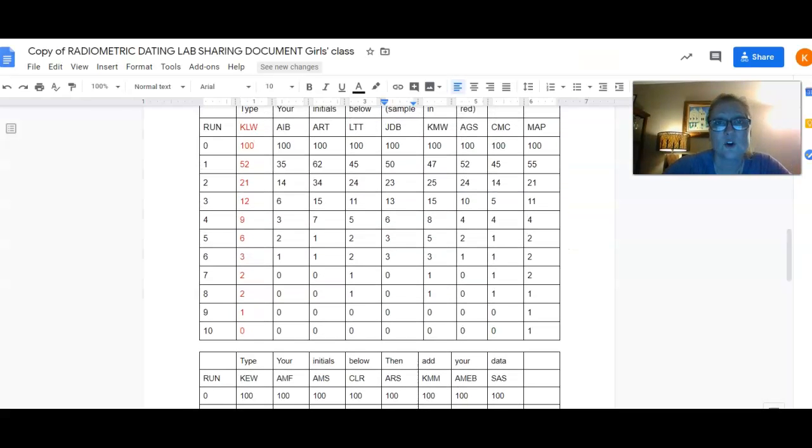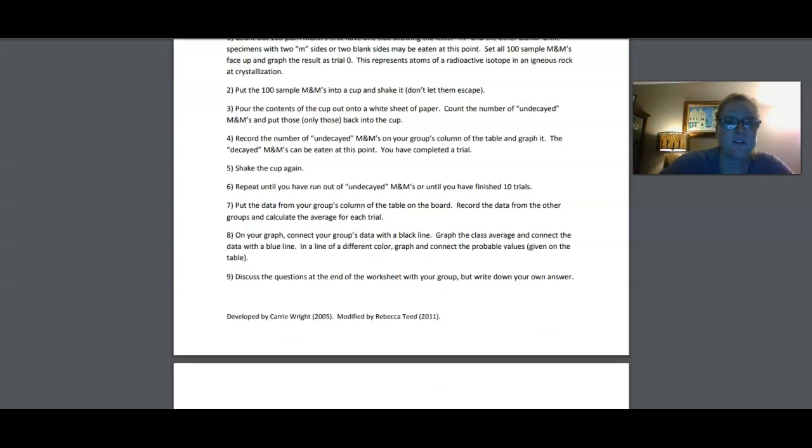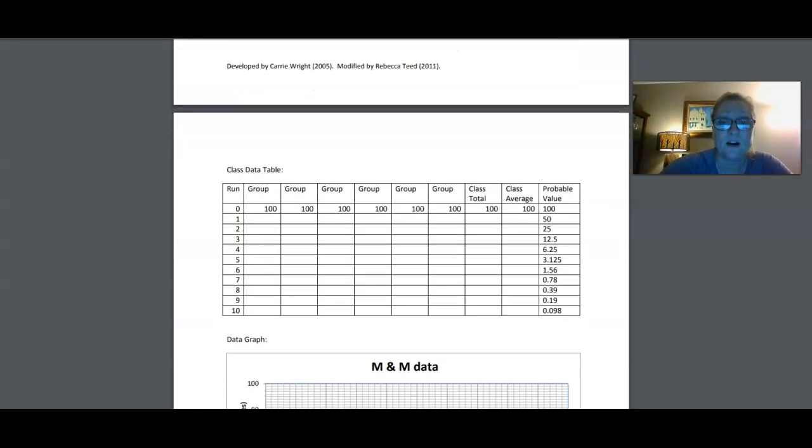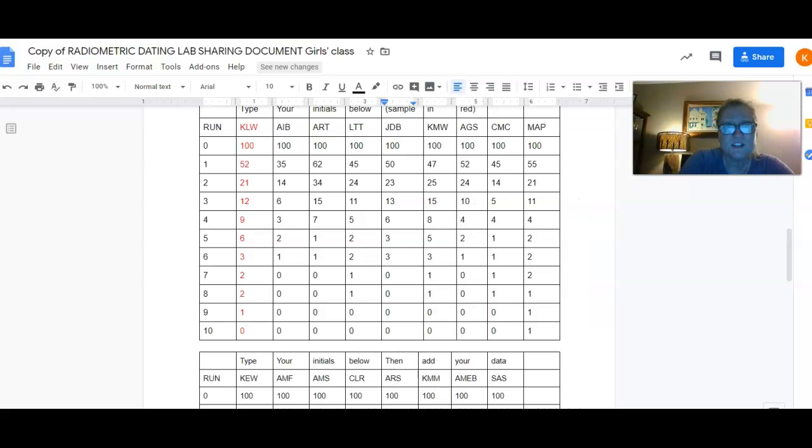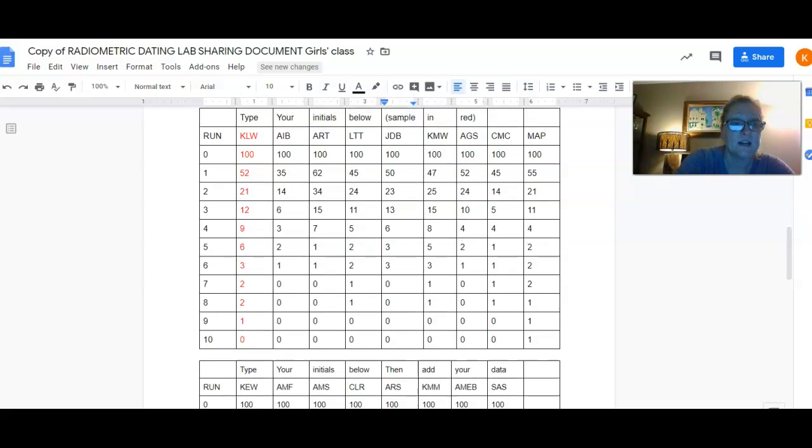So let's take a look at your data here. This is for the girls class. So boys, you have your own data to take a look at. What you have to do for each one of these is you're going to be filling in this table right here with the class total. All right. So let's take a look at your data. If we just go across and we count, not counting mine, because remember, that was just a sample.